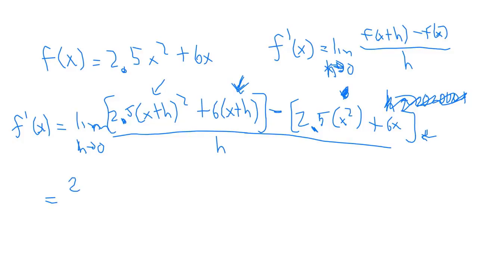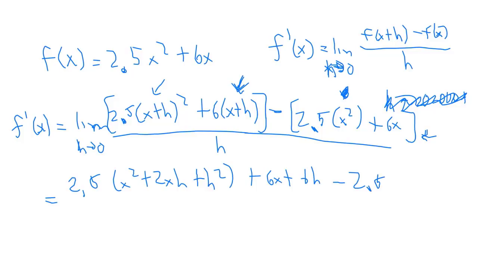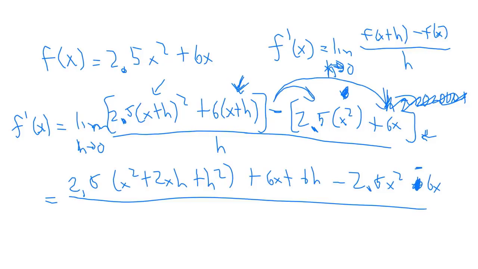So if we evaluate, 2.5 x squared plus 2xh plus h squared plus 6x plus 6h minus 2.5 x squared plus 6x minus 6x, because I distributed this into both of these, all over h. And technically, if the grader is strict, they would want you to keep writing those limits as well.